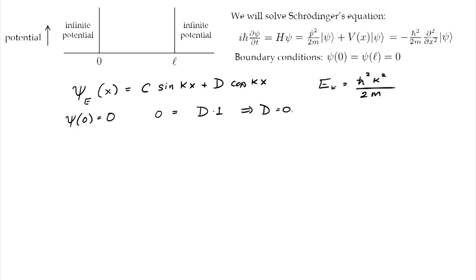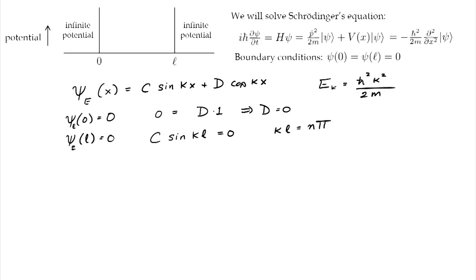So all we have to worry about now is the sine part of the solution. Now we impose the second boundary condition, which says that psi of L equals 0. What this tells us is that c times sine of k times L equals 0. And this tells us that k times L must be a multiple of pi.